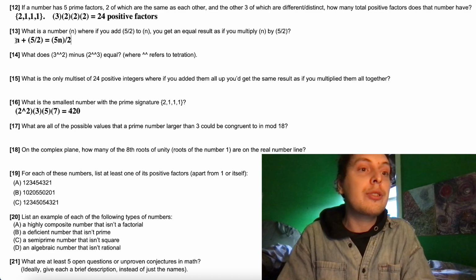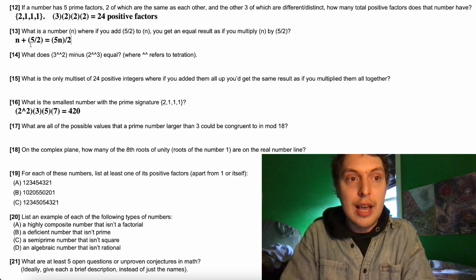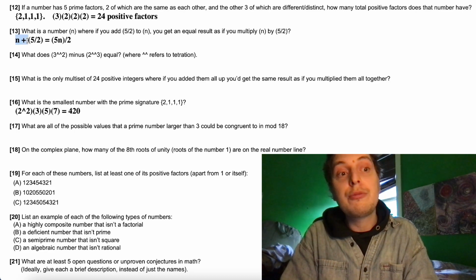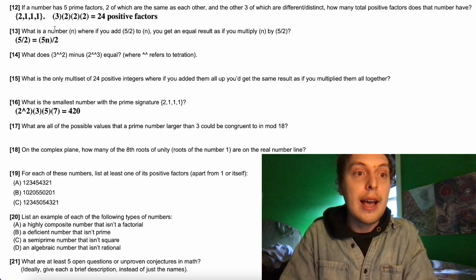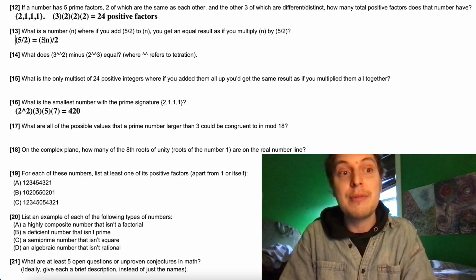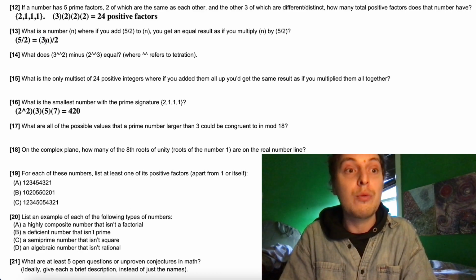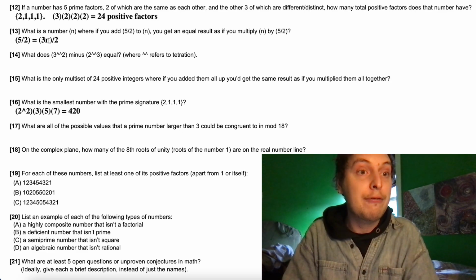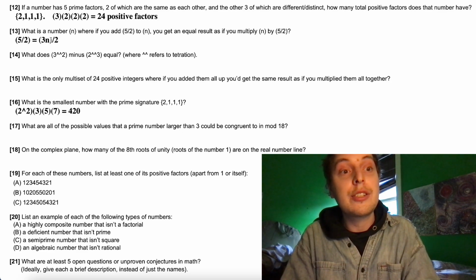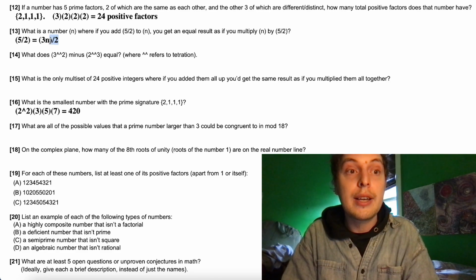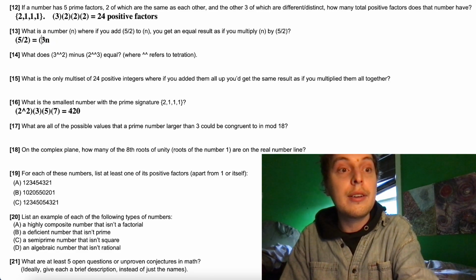Now, if I subtract n from each side here, that subtracts the n from that side, and it subtracts 2n over 2 from this side, leaving 5 halves amount of n's as 3 halves amount of n's, because 5 halves is 1 greater than 3 halves. Now if I multiply each side of this equation by 2, I can see 3n equals 5.